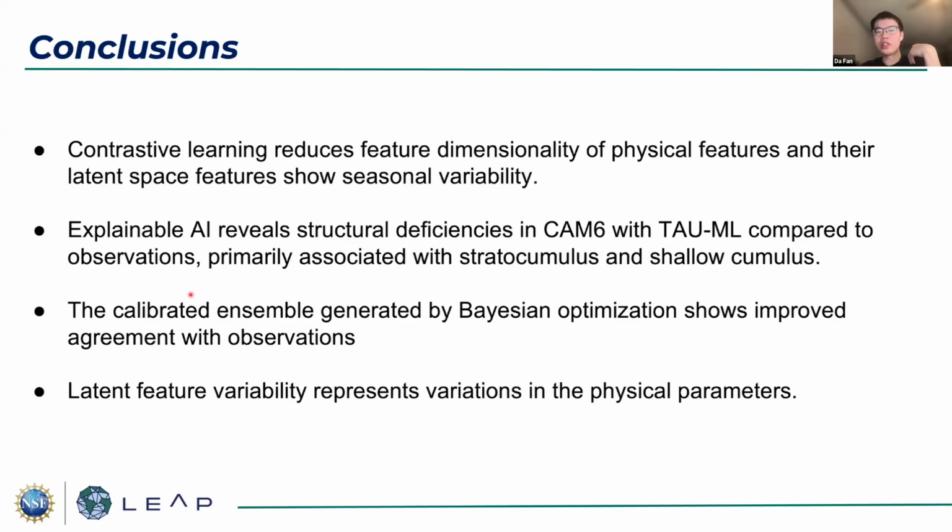And we did calibration using the latent space distance with a Gaussian process model and Bayesian optimization. And the calibrated ensemble shows improved agreement with observations. And through our toy experiments, we found this latent feature representation is a representation of variations in physical parameters rather than structural bias. Yeah, that's all I have, and I'll take any questions.